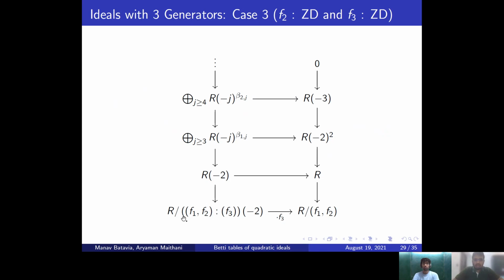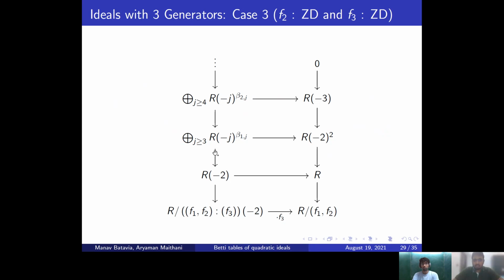Now we come to the resolution of R mod (f1, f2) colon f3 of minus 2. Note that the first step must be R(minus 2). The next step, in general, we can write any free module as R(minus j) to the power beta 1,j for j greater than or equal to 3. The question arises, why should j be greater than or equal to 3? That is because over here, as we see, j is equal to 2, there is just one j and it is equal to 2.